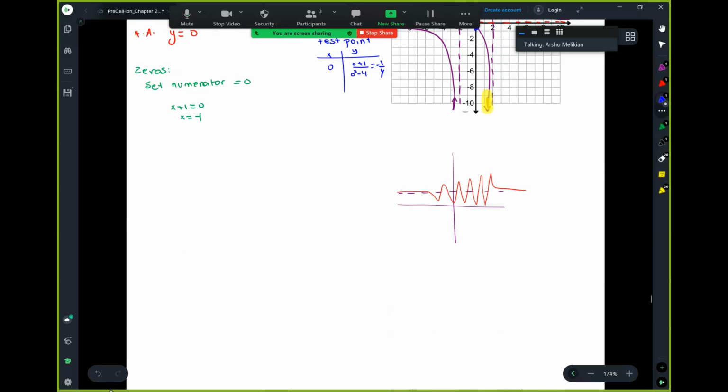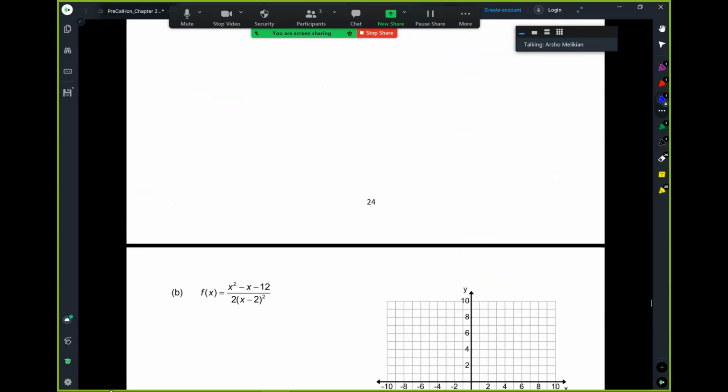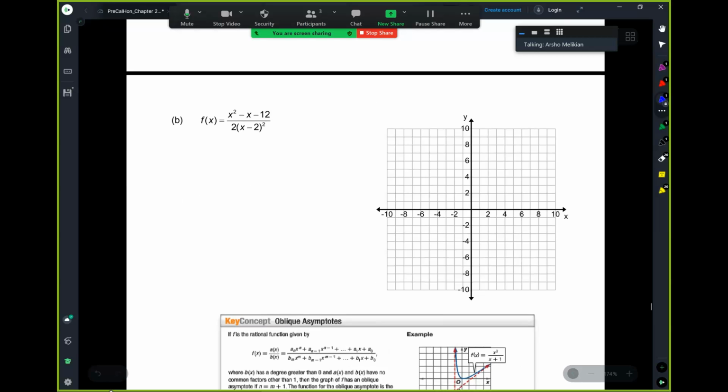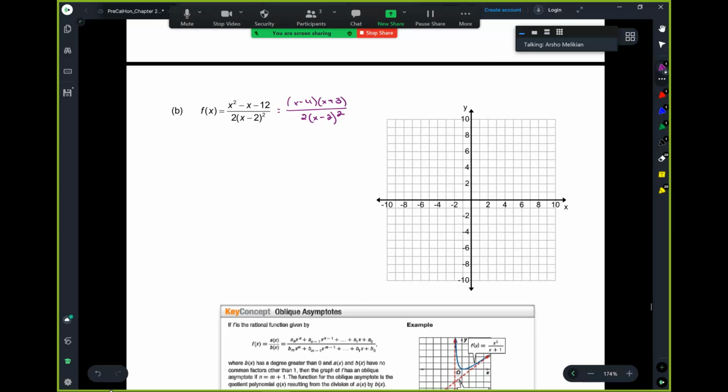Okay. All right. Let's do another one. There's a little bit of a plot twist with this next one. So let's factor. I get x minus 4, x plus 3 on top. You get 2 zeros.